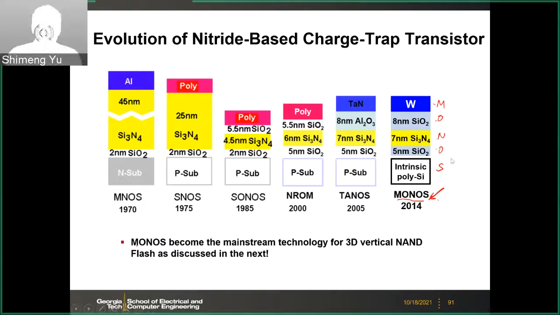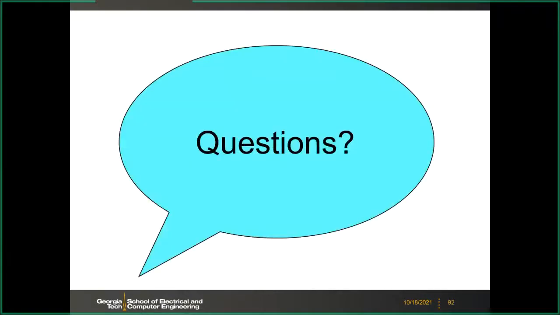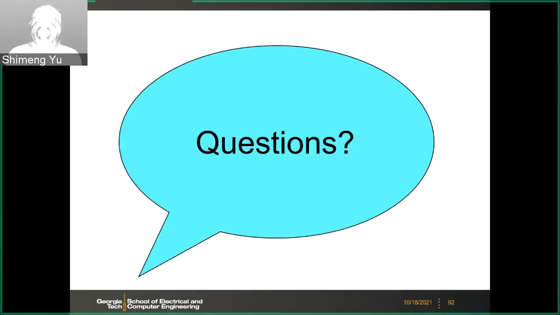And this has become the mainstream technology for today's 3D NAND flash. So any questions? The charge trapping is similar to a floating gate. The major difference is the polysilicon becomes a charge trapping layer made of the nitride, silicon nitride.